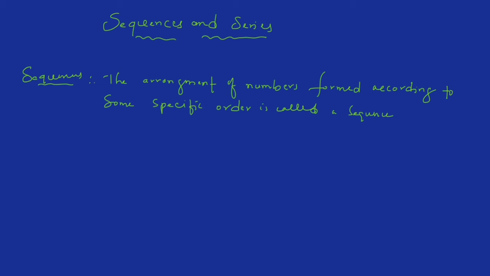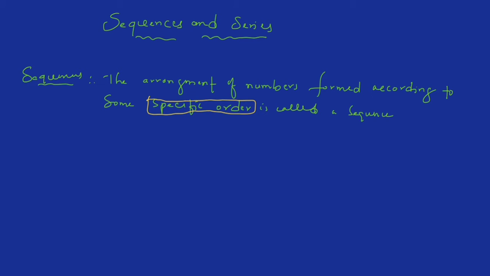See what it says. The definition of sequence is the arrangement of numbers formed according to some specific order is called a sequence. There must be a specific order, we can say this term. Arrangement of numbers according to some specific order is nothing but a sequence.